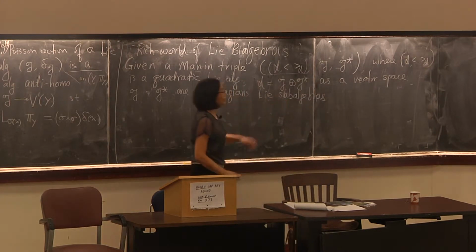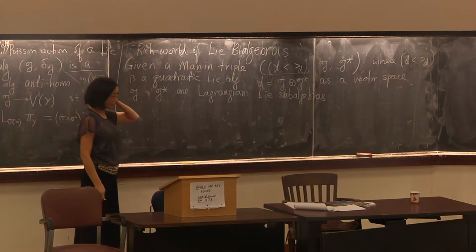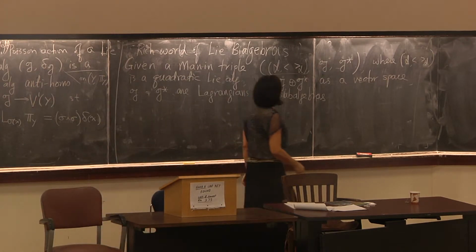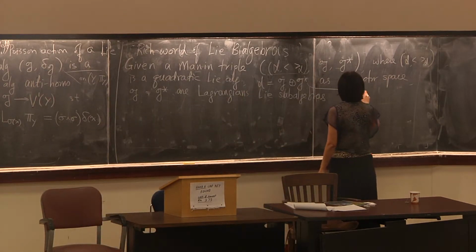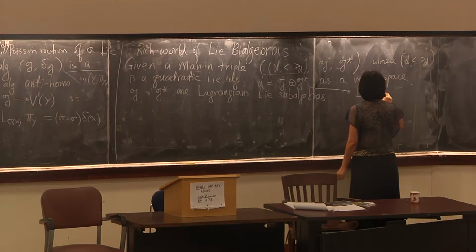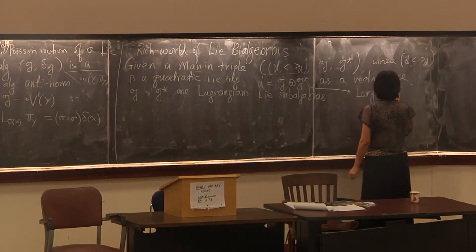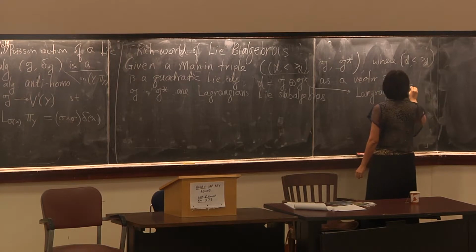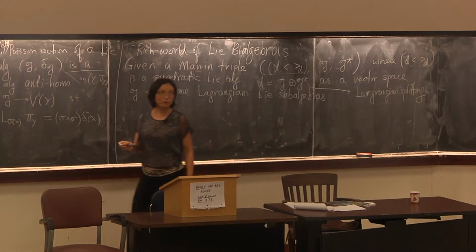I require these to be Lie subalgebras. Lagrangian means they are maximal isotropic. I also refer to this as a Lagrangian splitting. So a Manin triple is just such a thing.